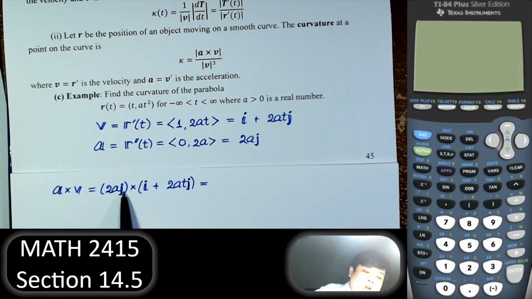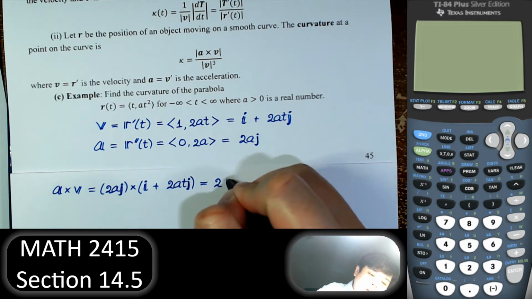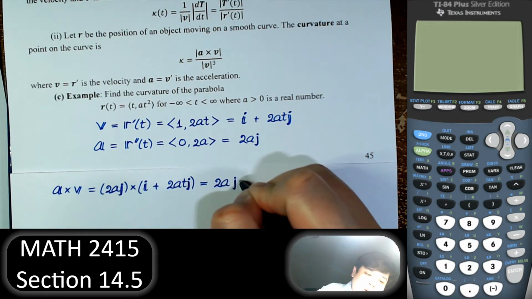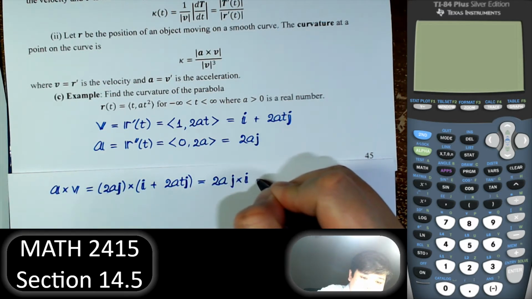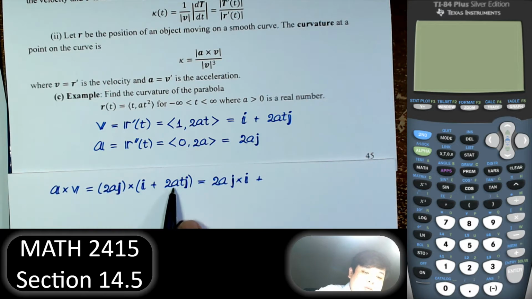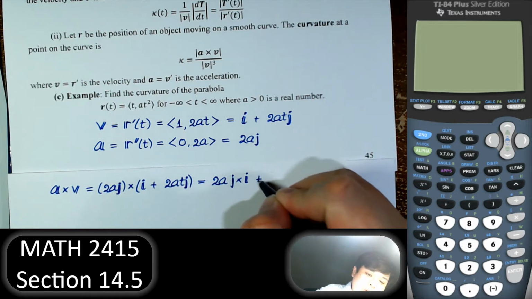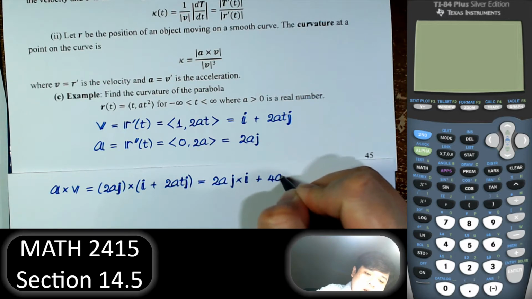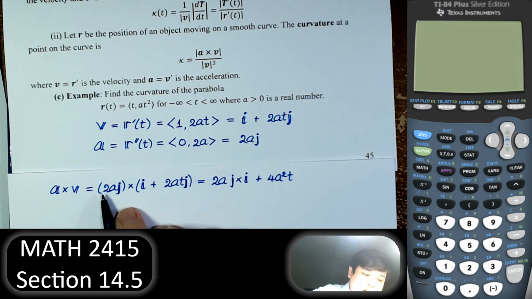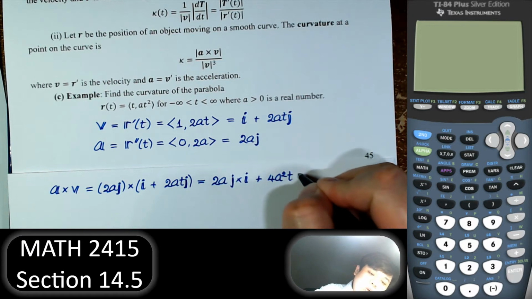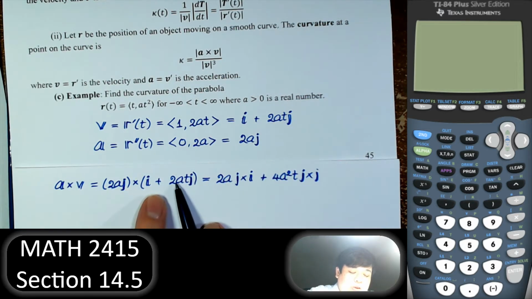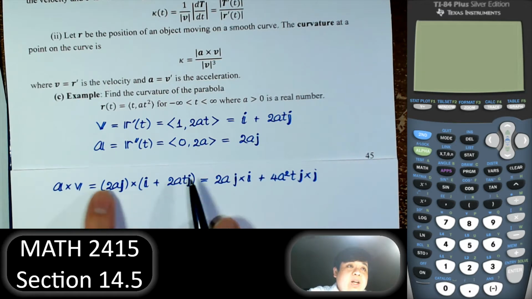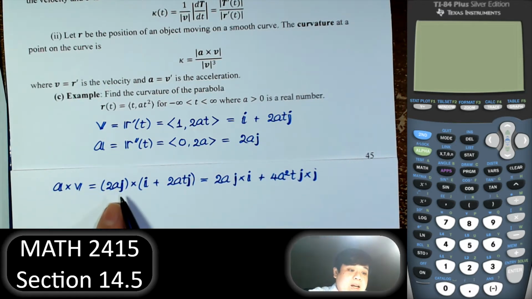So 2a j cross i, 2a j cross i, and then plus 2a times 2at is 4a square t, and then j cross j. So pretty much whatever the scalar function, we move to the front, like 2at and 2a, move everything in the front and multiply them, and then we have j cross j.